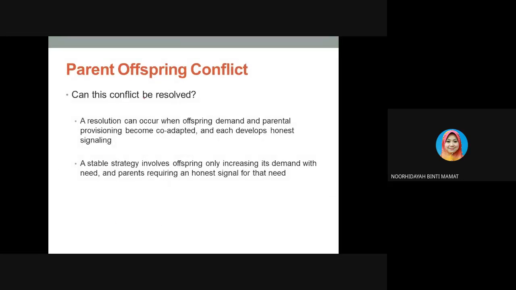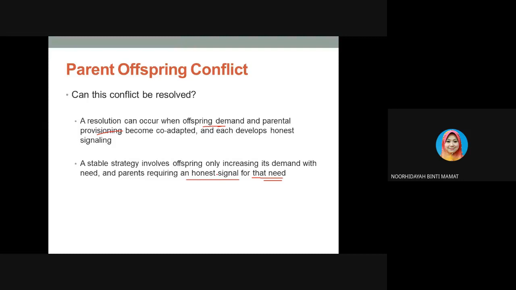So, can this conflict be resolved? Can the parent-offspring conflict be resolved? Resolution can occur when offspring demand and parental provisioning become co-adapted. If these two become co-adapted, and each develops honest signaling, a stable strategy involves the offspring only increasing its demand with need, and the parents requiring an honest signal for that need.